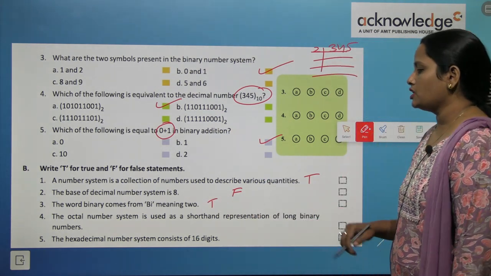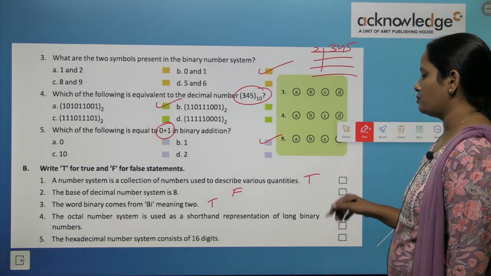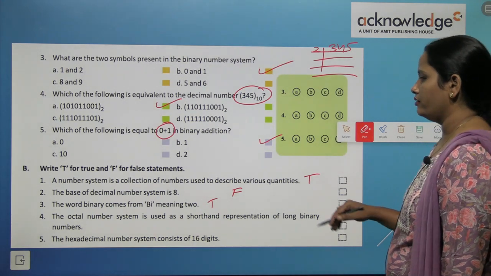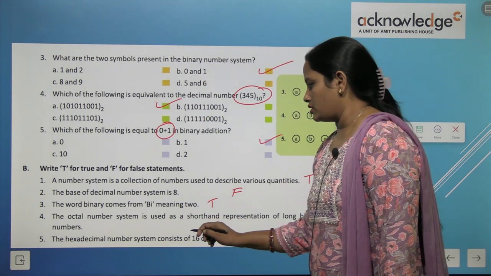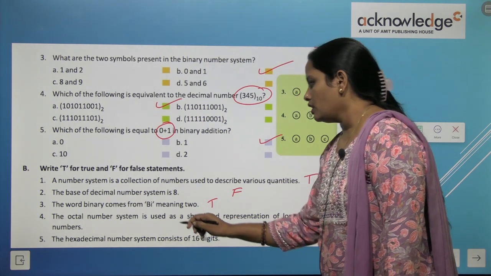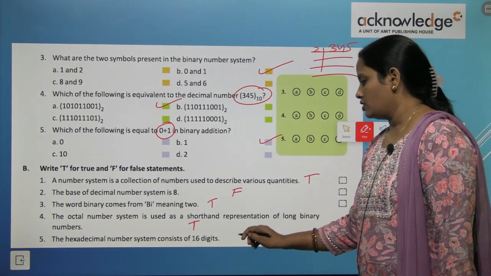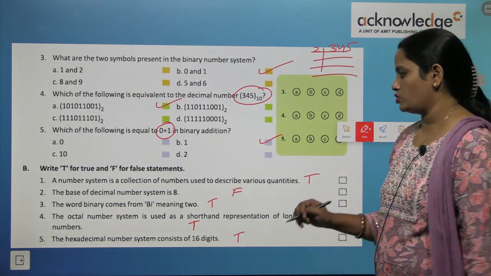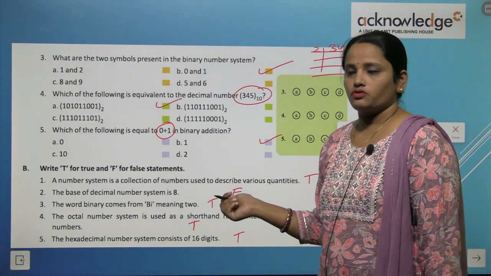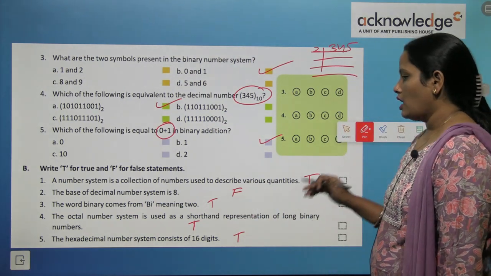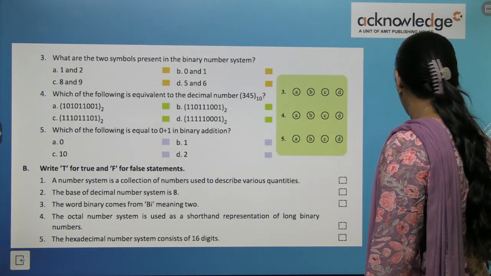The octal number system is used as a shorthand representation of long binary numbers. Yes, this is also true. The hexadecimal number system consists of 16 digits. So this answer is also true here. So here only one is false, that one is 2, and the rest are true.